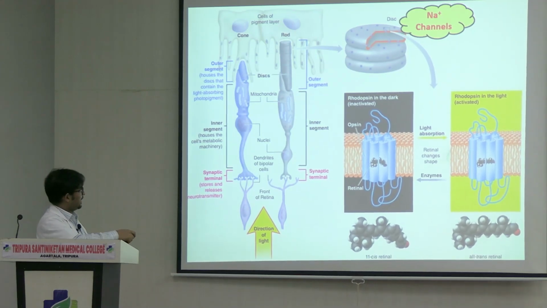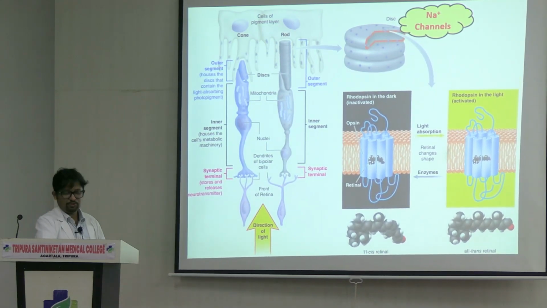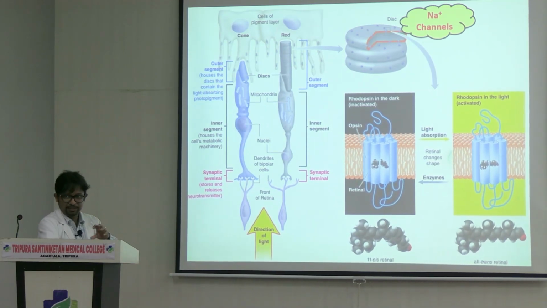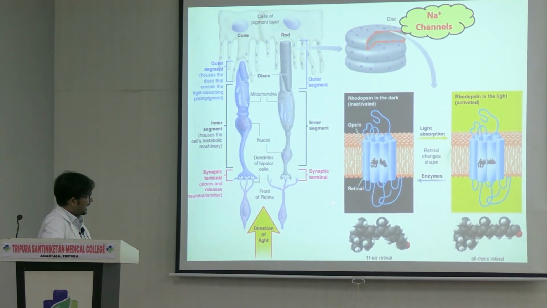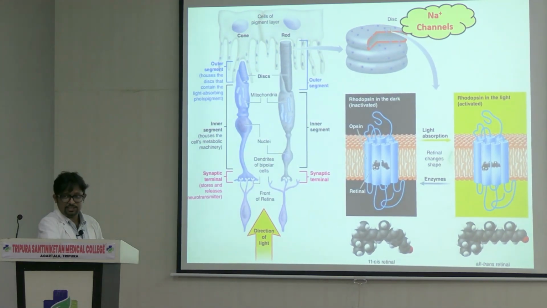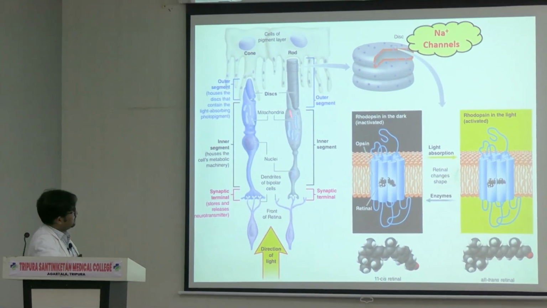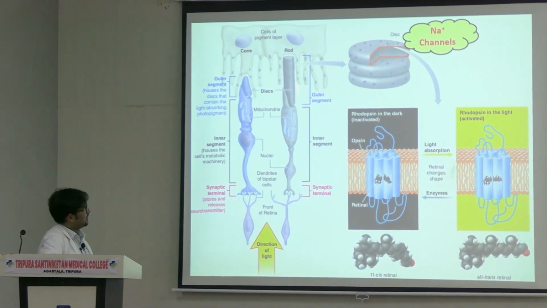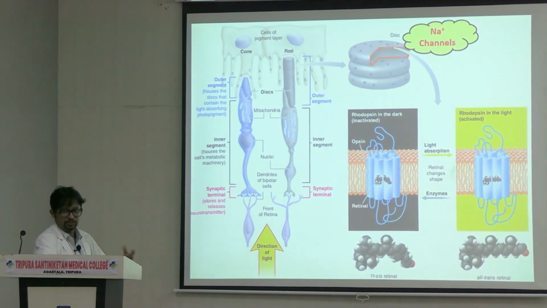In the inner segment you have the cell body, right, because it is also a cell like all other cells. It will have a nucleus and the main part of the cell body, and the third part is the synaptic terminal. So these are the three parts. The shape of the outer segment is conical in cones and rod-like, cylindrical in the case of rods. That is why the name.